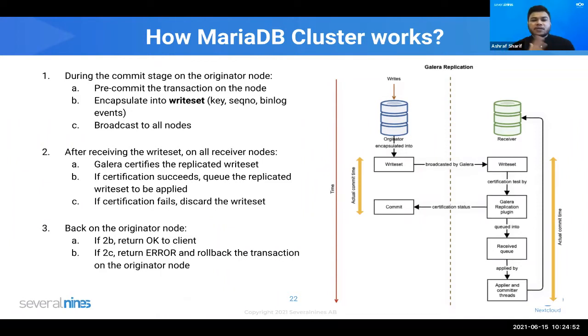If the write set passes the certification process, it will be queued in the slave queue before being applied by the Galera slave applier thread on the receiver nodes asynchronously. Finally, back on the originator node, it will return OK to the client. So basically, the commit happens at the same time in real time, but the applying happens asynchronously. This is known as virtually synchronous replication.